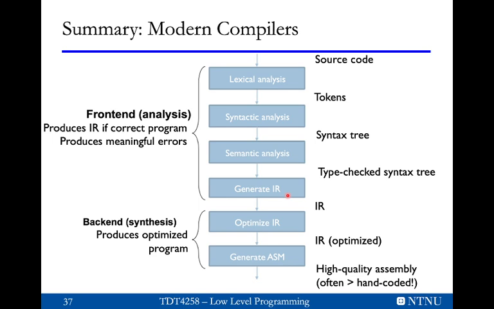And this intermediate representation code is then handed to our compiler backend, which does the synthesis, so it produces an optimized program that we're actually able to execute. So it optimizes the IR, it generates assembly, and it possibly also optimizes the assembler code we generated.